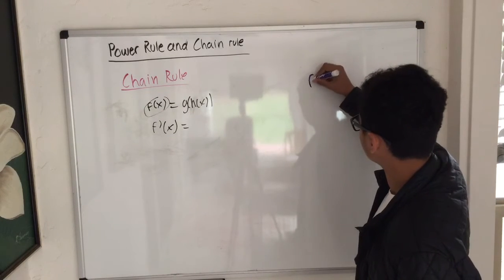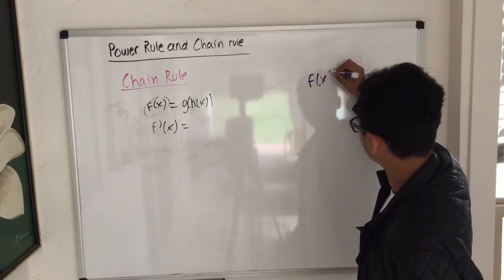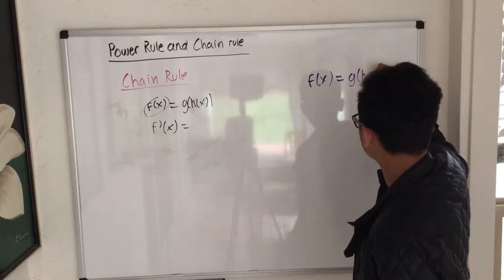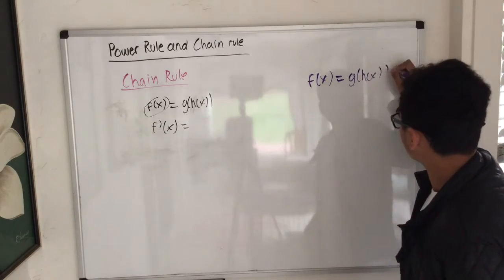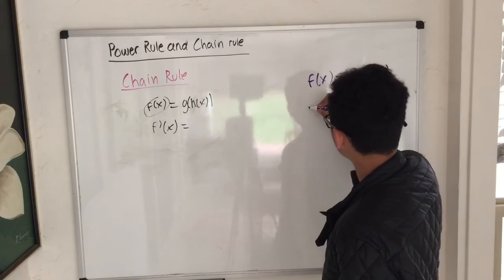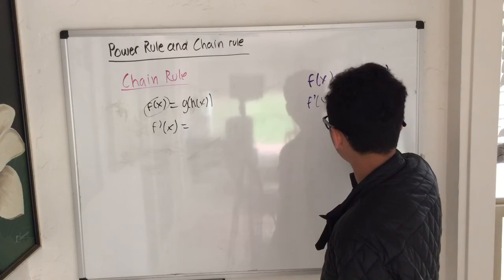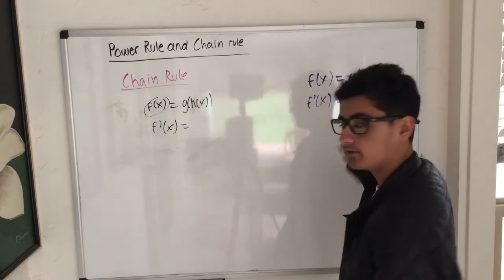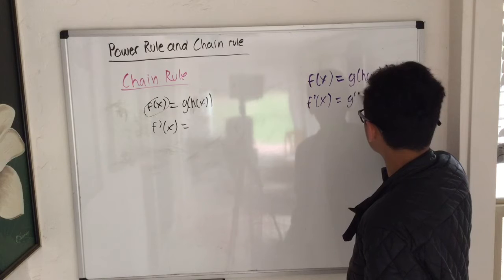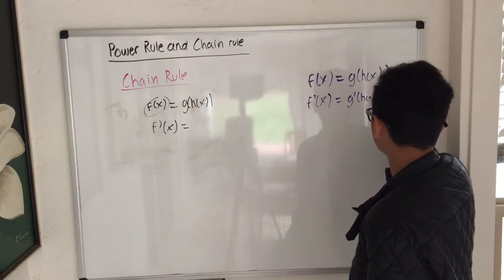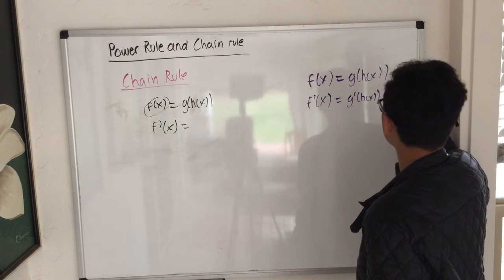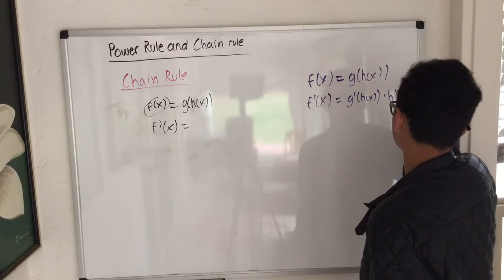Let's write this over here because it's a pretty important concept. If we're given f of x is equal to g of h of x, in order to find the derivative of this, let's write in our shorthand notation, f prime of x is equal to g prime of h of x, so basically in this case h of x stays the same, times h prime of x.